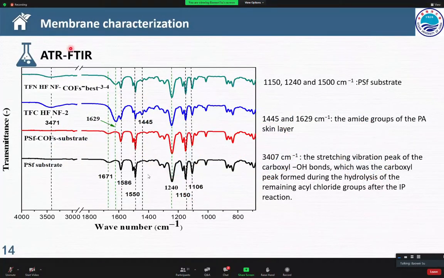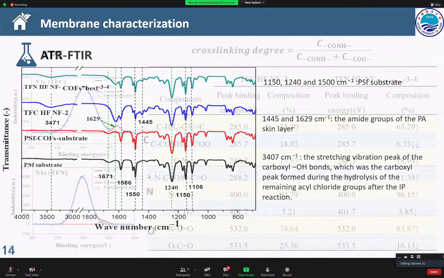From the FTIR, we can see that there is no difference between the COF modified substrate and the substrate, and there is also no difference between the TFN and TFC membrane.